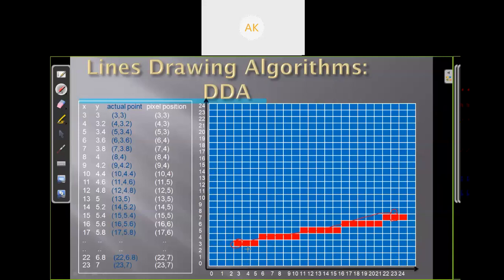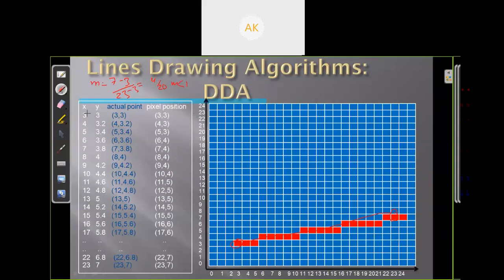So if you find the value of m, it will be y2, which is 7, minus y1, which is 3, over x2, 23, minus x1, 3, that is 4 by 20, which is m less than 1. When m is less than 1, you move in unit intervals in the x direction.